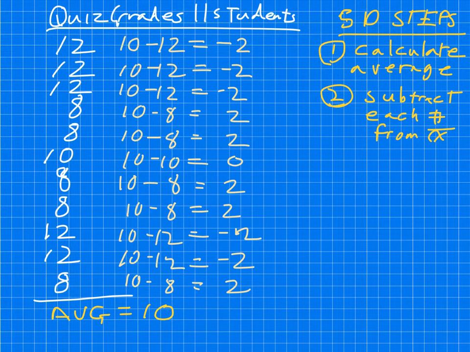So if you look at that fancy formula on the other page, what we just did in this step is the subtraction of each measurement from the average.